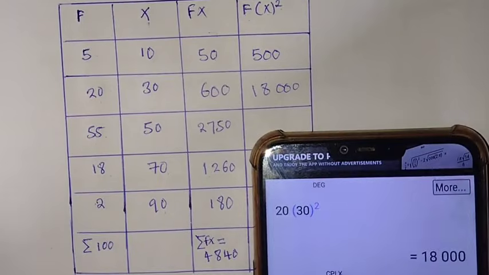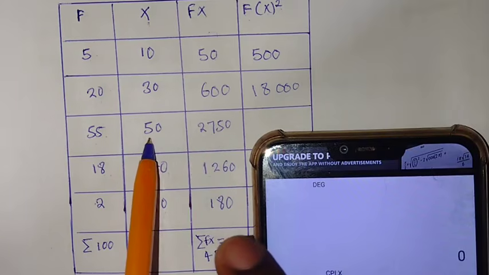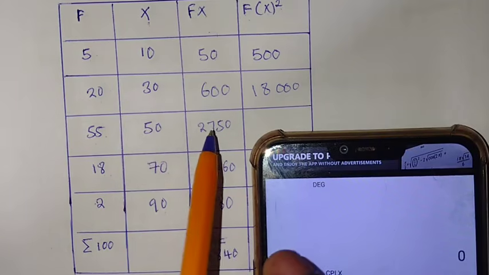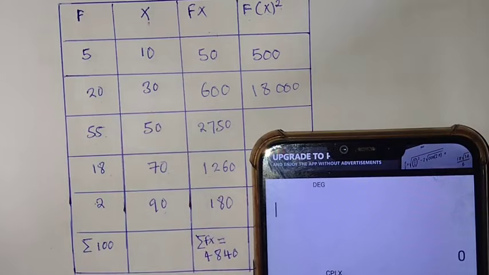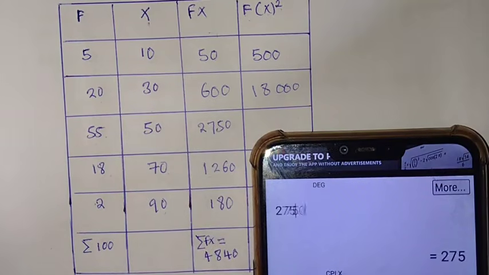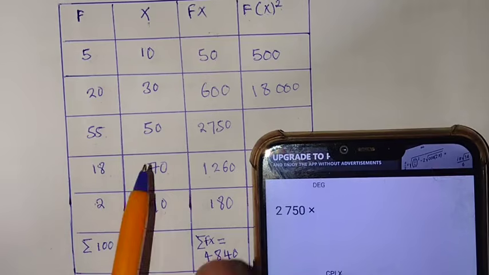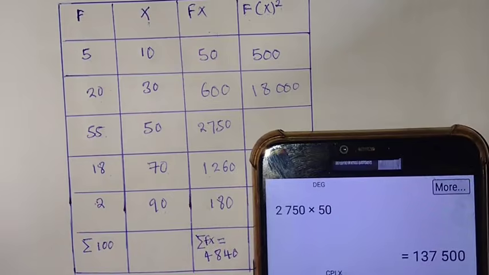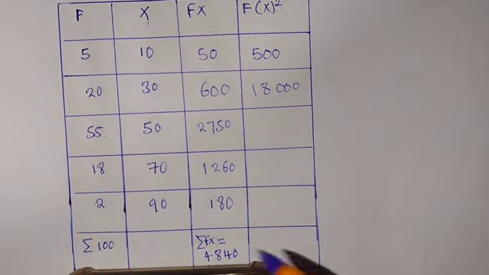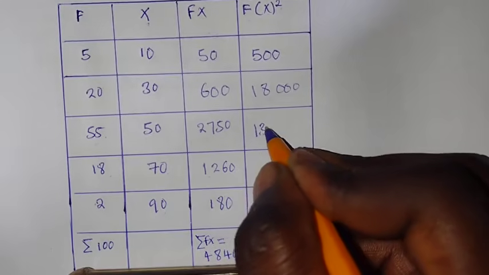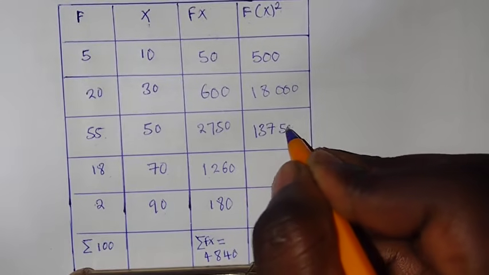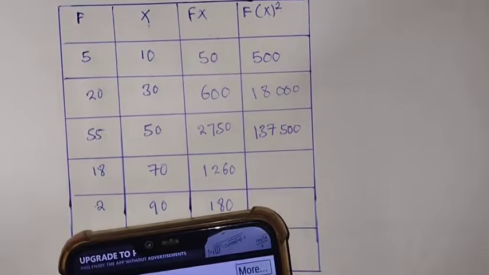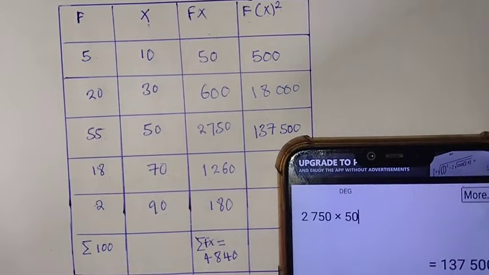Then we come to the other one. We just need to multiply 2,750 times 50. Make sure you multiply fx and the midpoint. The midpoint here is 50. So you get 137,500. That's the value you should write here, 137,500. You do the same here.